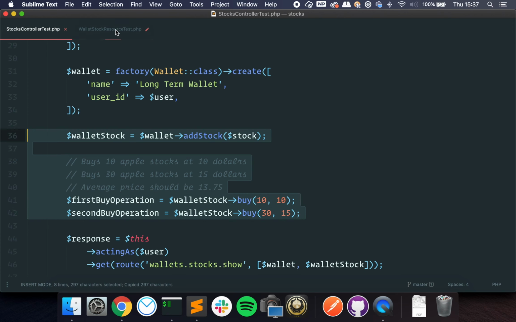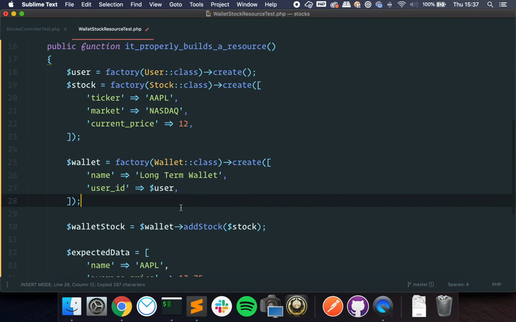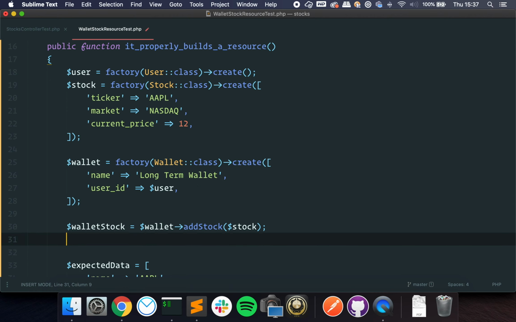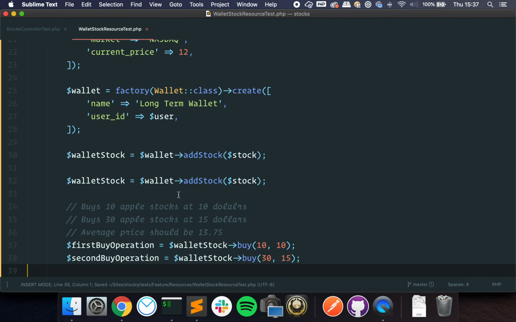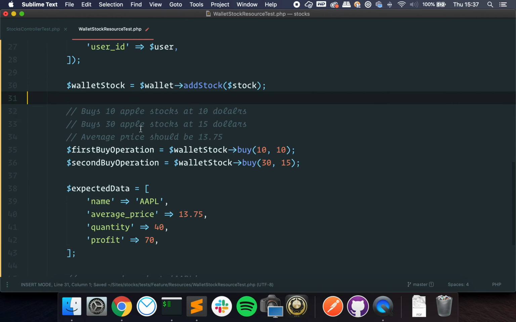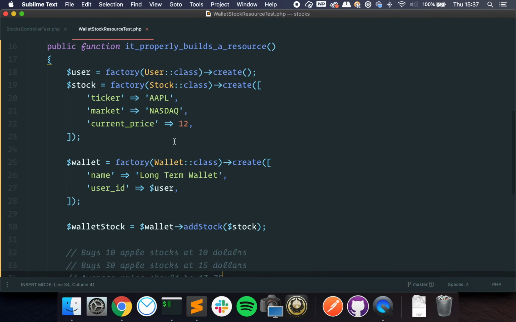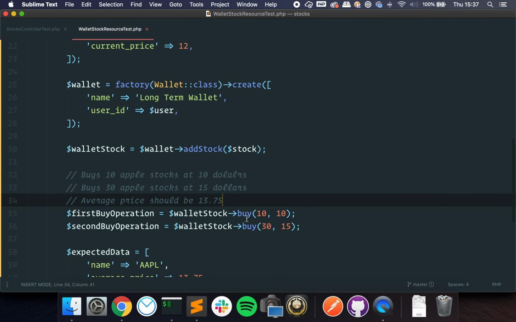Okay, this is hard. As we are testing the resource itself, we can make this a little bit more simplified. So let's just buy 10. The current price is 12. Actually, let's buy at 24, just to... So we want to buy 10 stocks.